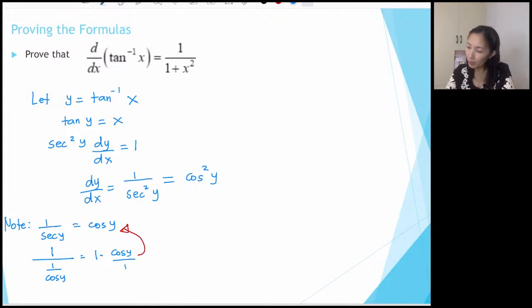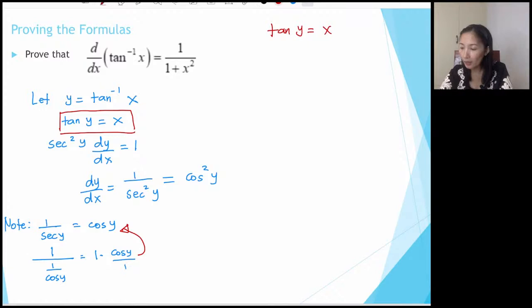Again, we will look for this, basing from here. From here, draw a right triangle. From tangent y equal to x, and TOA, tangent is opposite over adjacent.